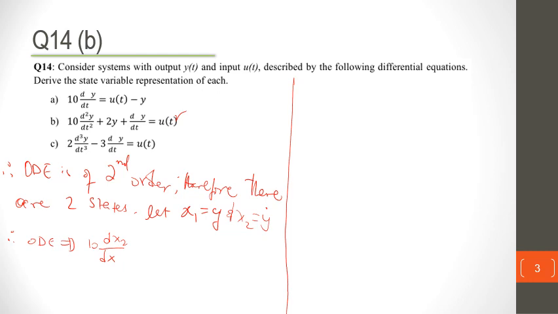It therefore means that the second derivative is the derivative of y dot, which means it's in actual fact x2 dot. Let me just clarify that first. Let me just clarify that by showing you this example.